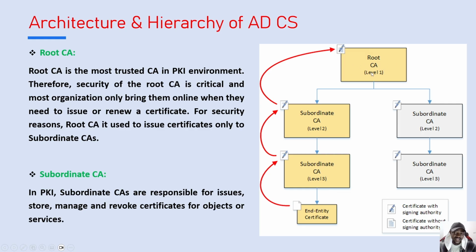The root CA provides certificates to the subordinate at level 2. Then the subordinate at level 2 provides certificates to the subordinate at level 3, and the subordinate at level 3 provides certificates to the client.